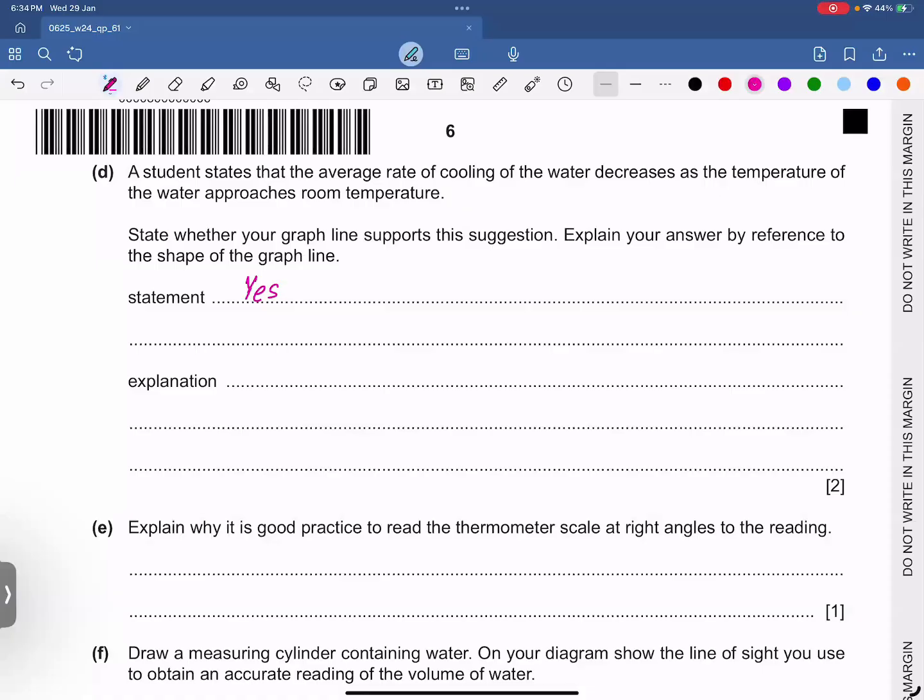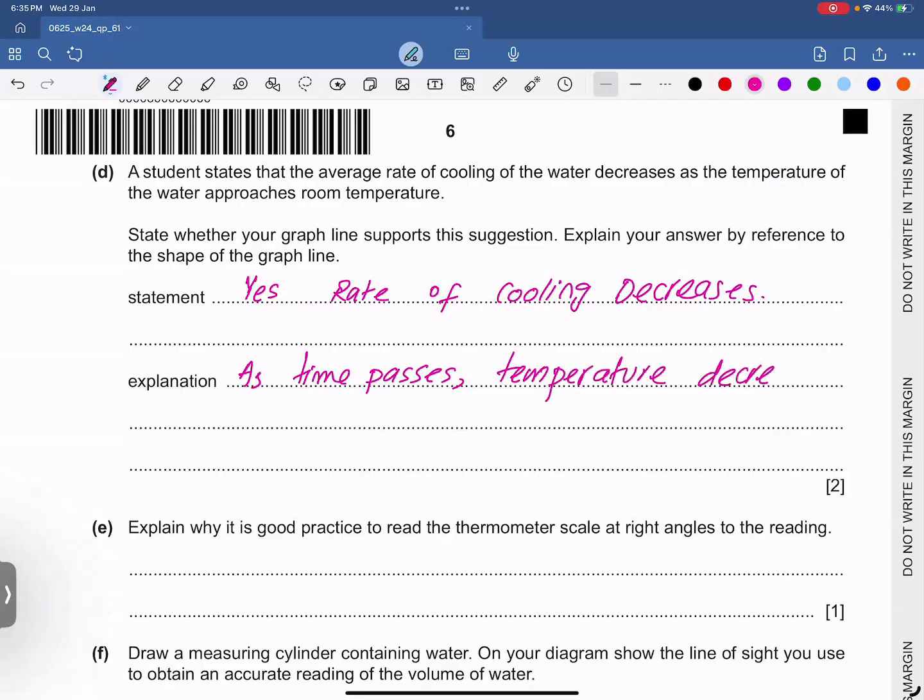Yes, rate of cooling decreases. Reason, as time passes, temperature decreases, and here is the answer: gradient of curve decreases.